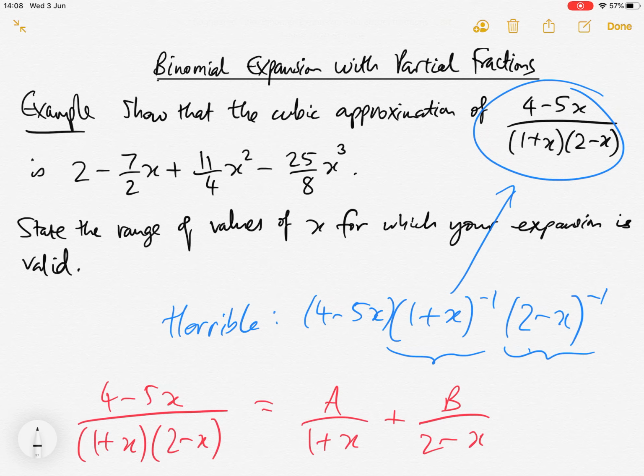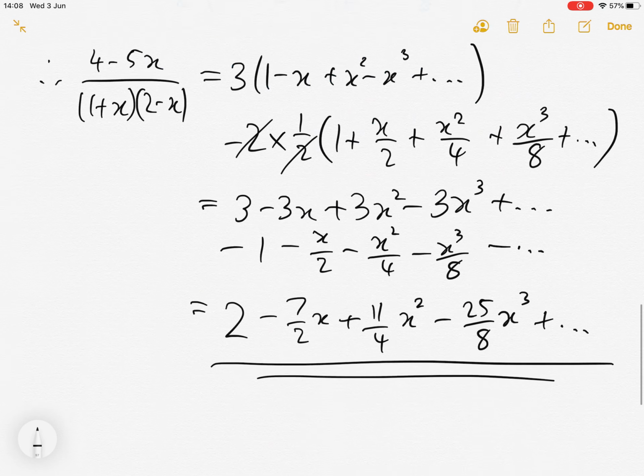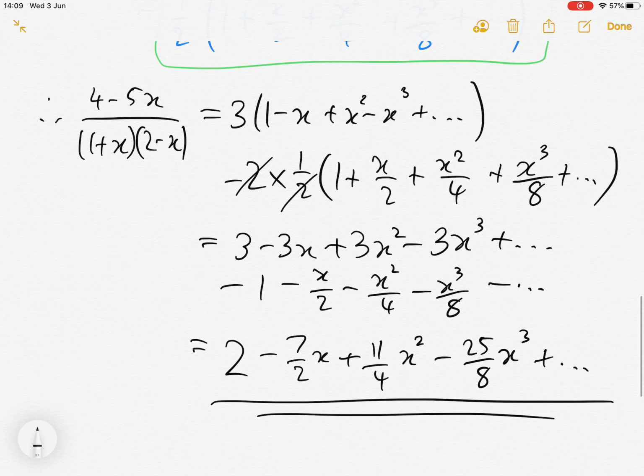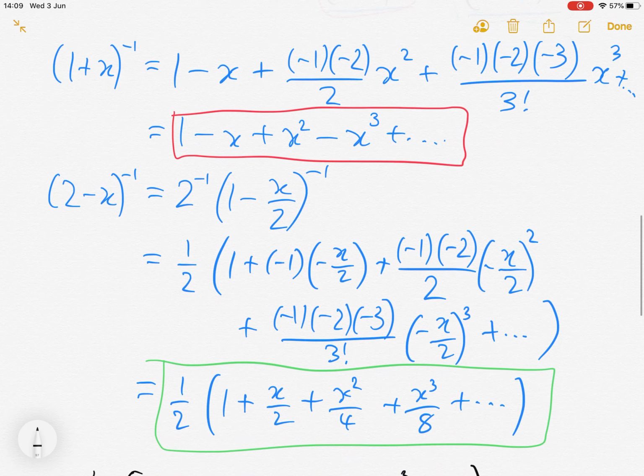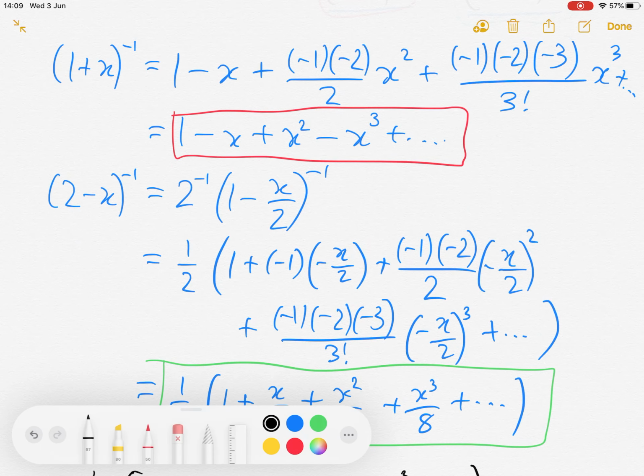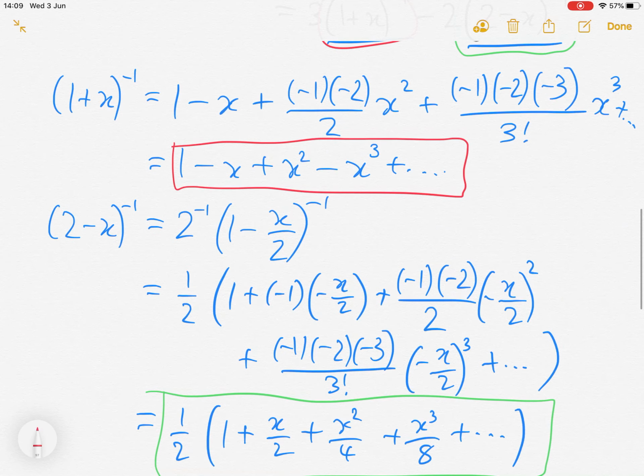And then the second part is to state the range of values of x for which the expansion is valid. So in order for all of this to be valid, we need these two expansions we did using the binomial theorem to be valid. So the top one, this one, we used x.